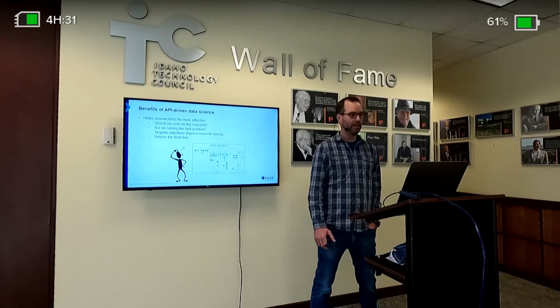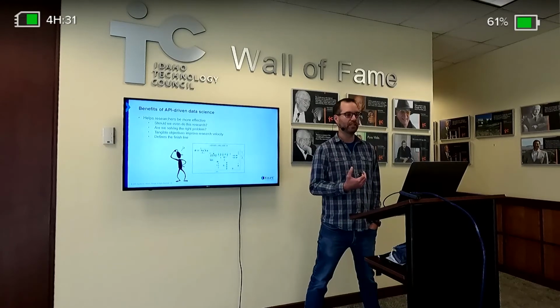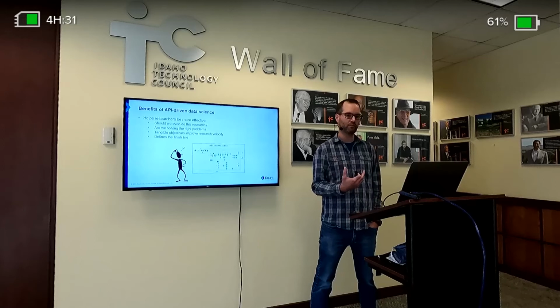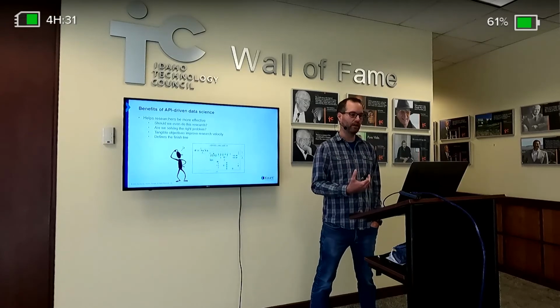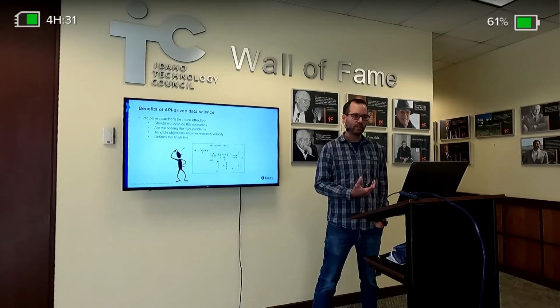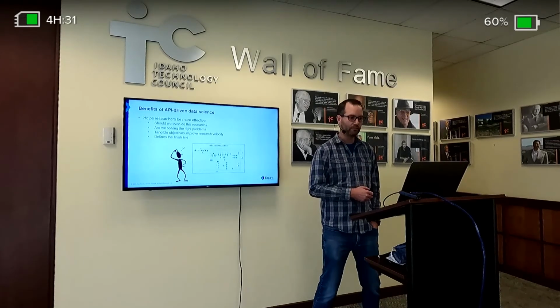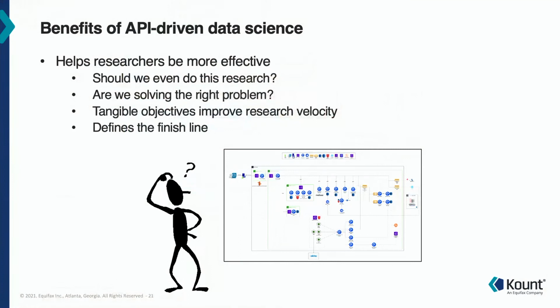And then once that research is moving, having at least an initial specification for what the inputs and outputs are establishes some tangible objectives for the research work. And in my experience, it can really improve your research velocity.